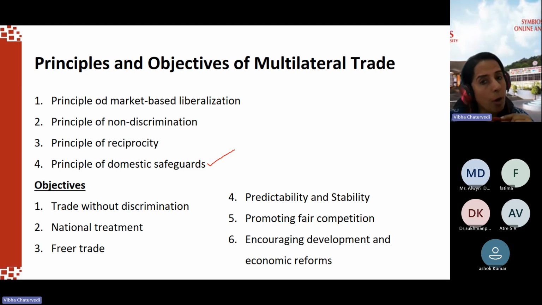The third objective is encouraging development and economic reform. The objective of multilateral trade is that every country must bring in those kinds of structural reforms that help it grow and develop, bringing about an all-round development at the global level. It should not be concentrated in only 7 countries in the world.